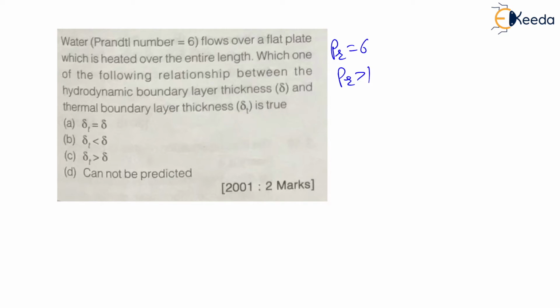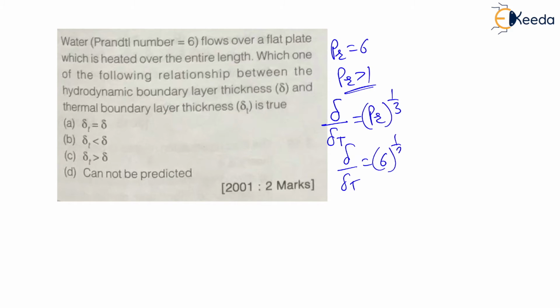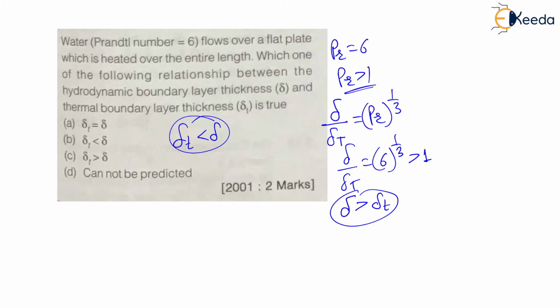Now my dear students, just now we have seen that hydrodynamic boundary layer thickness divided by thermal boundary layer thickness is equal to Prandtl number raised to 1 by 3, and Prandtl number is more than 1. Therefore this del divided by del T will be equal to 6 power 1 by 3, which will be more than 1. Therefore this hydrodynamic boundary layer thickness will be more than thermal boundary layer thickness del T, right? That is, thermal boundary layer thickness will be less than hydrodynamic boundary layer thickness. Therefore option B will be the correct choice.